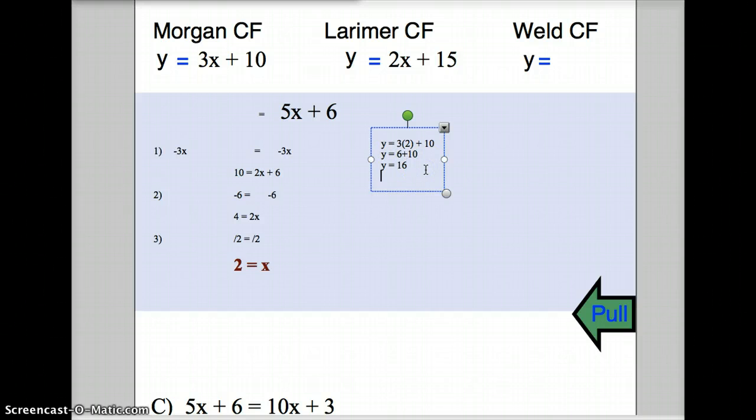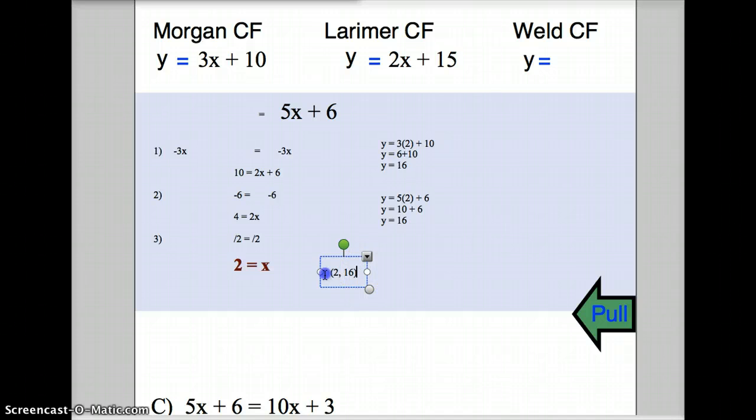Okay, so that's the first one. Then I also must plug into the second one. y equals 5x, or 5 times 2, plus 6. y equals 10 plus 6. And y equals 16. Since it came out both ways, I know that my coordinate point is 2, 16.